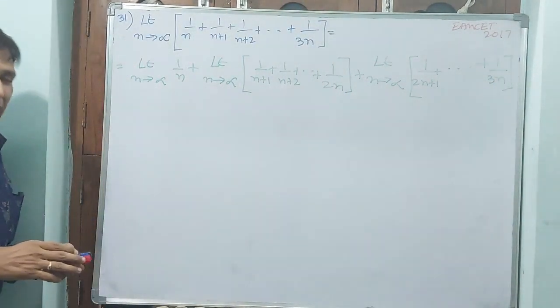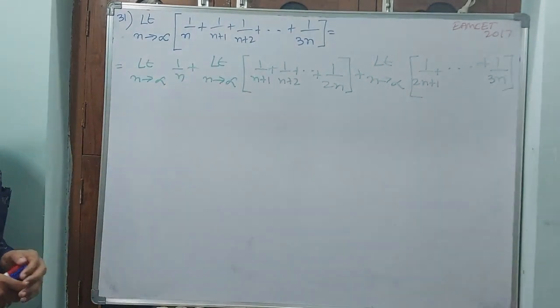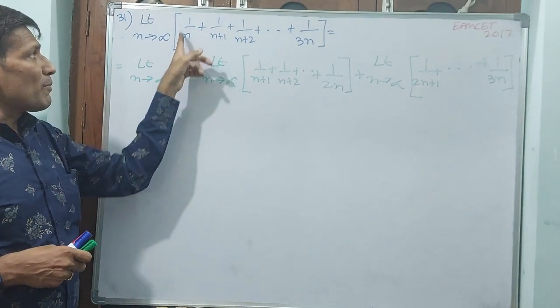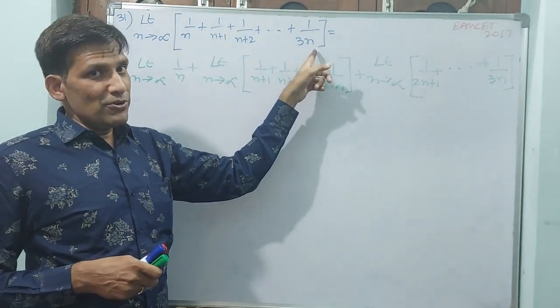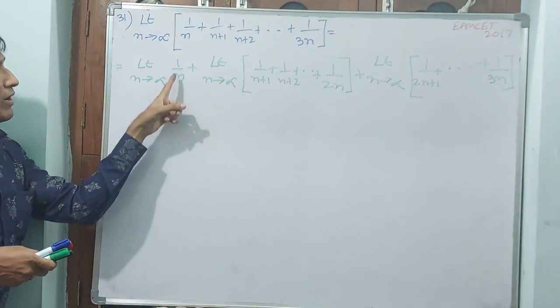First of all, you stop and analyze whether we have split this correctly or not. In your mind, take n as 10. 1 by 10 to 1 by 30, since 3 into 10 is 30. 1 by 10 is there.